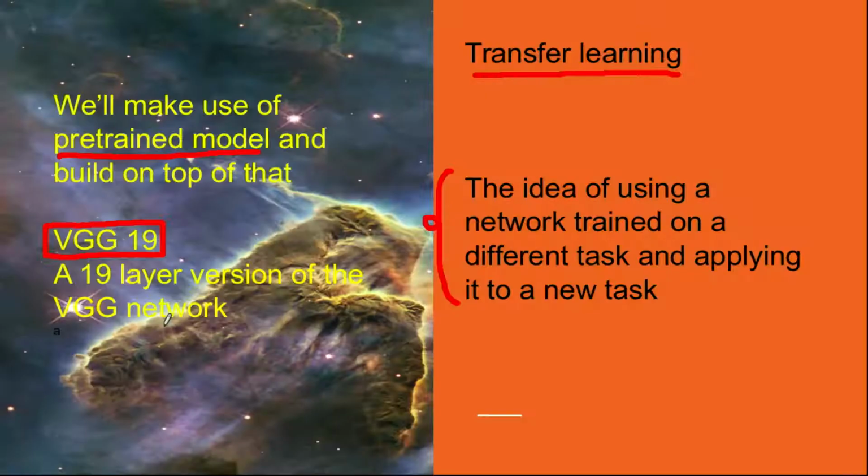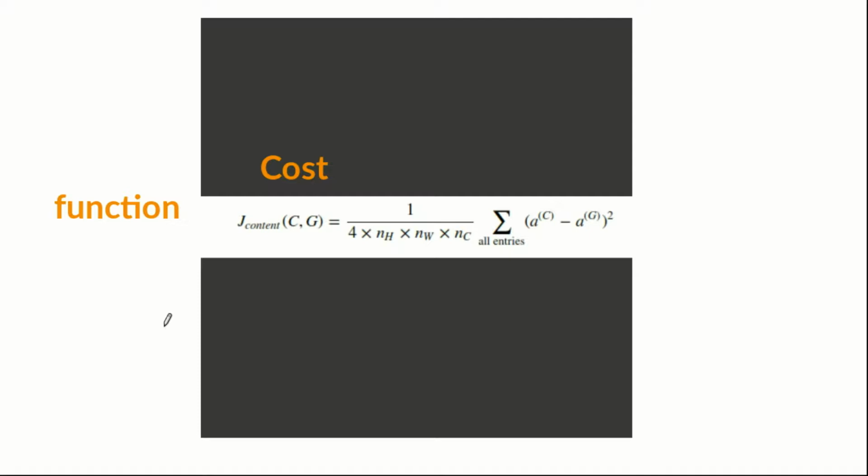Now we have the image C as the input to the pre-trained VGG network. We are going to run forward propagation, but here we have a cost function which we denote by the content cost function, as shown in this picture.